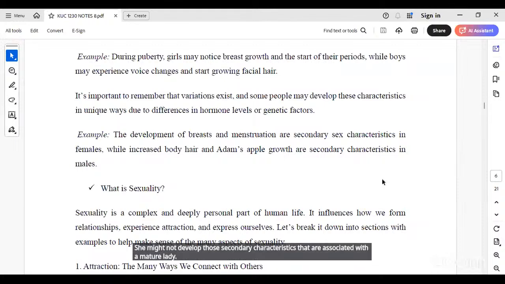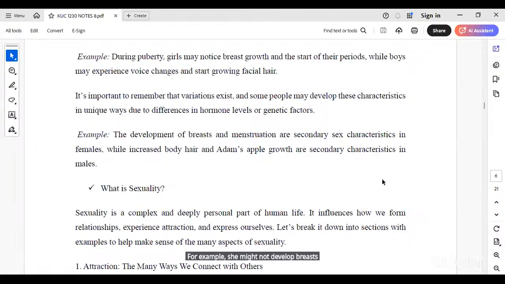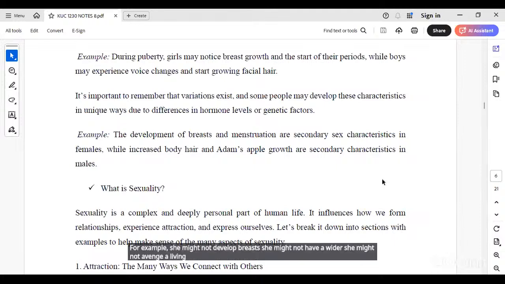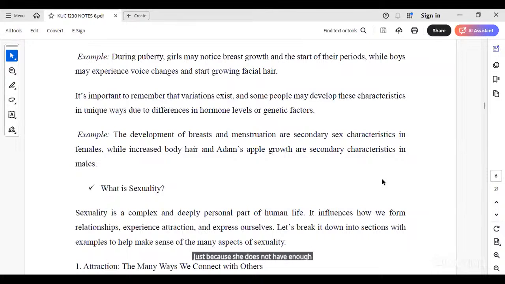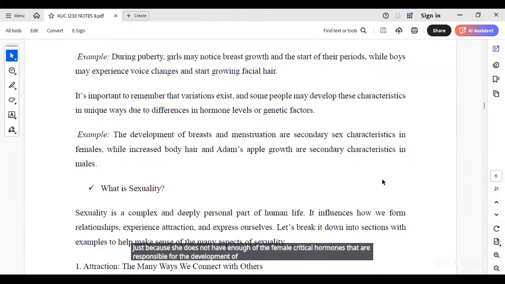For example, she might not develop breasts. She might not have a wider hip. She might not eventually even undergo menstruation, just because she does not have enough of the female critical hormones that are responsible for the development of secondary sex characteristics.